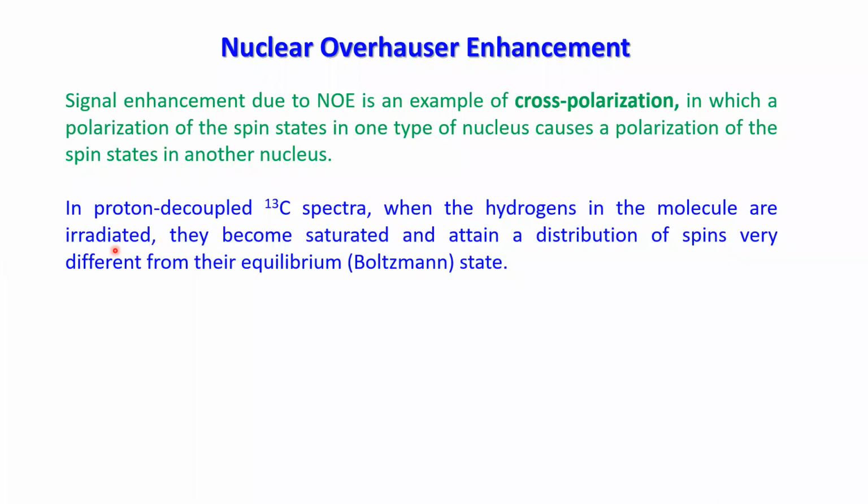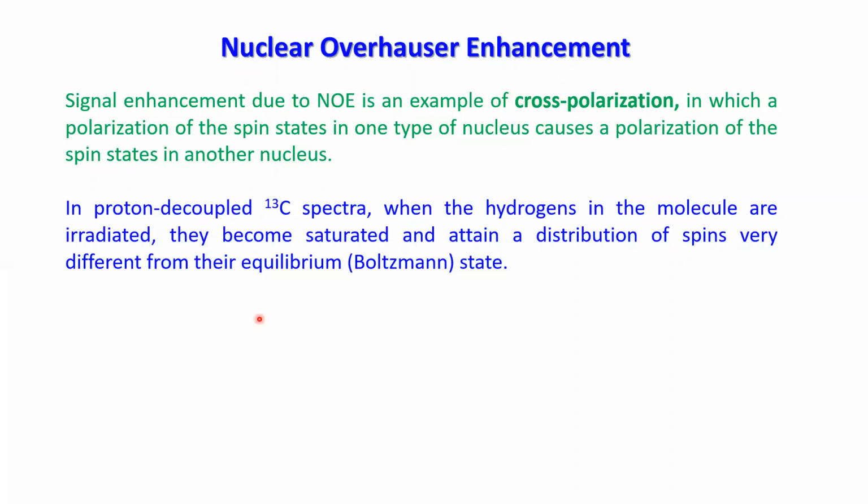Now the hydrogens in the molecule are irradiated, so they become saturated and attain a distribution of spin very different from their equilibrium.